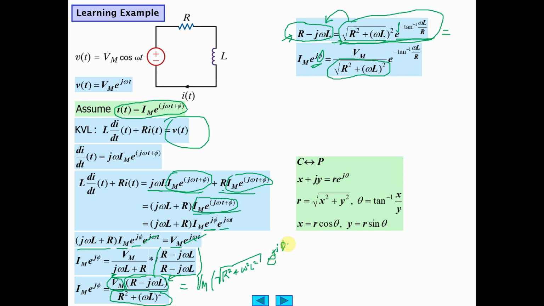Okay. Close, that's the numerator. The denominator is still R squared plus omega squared L squared, and this is root R squared plus omega squared L squared. So you change it like so, and voila, you have what they wrote down. And again, a j is missing here.